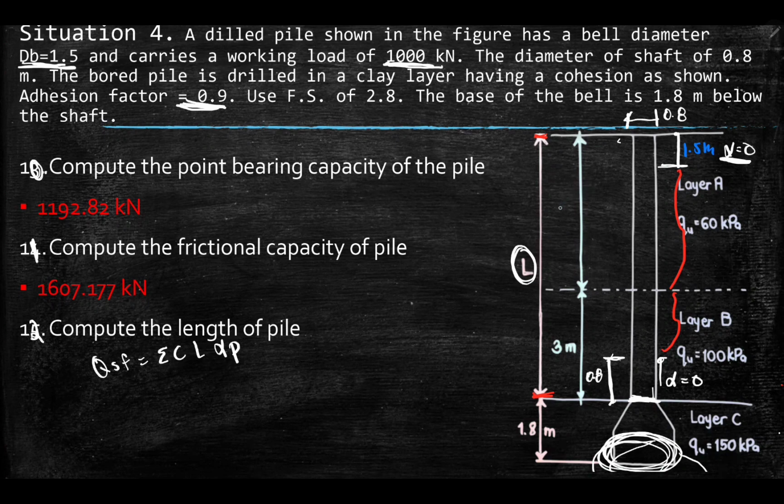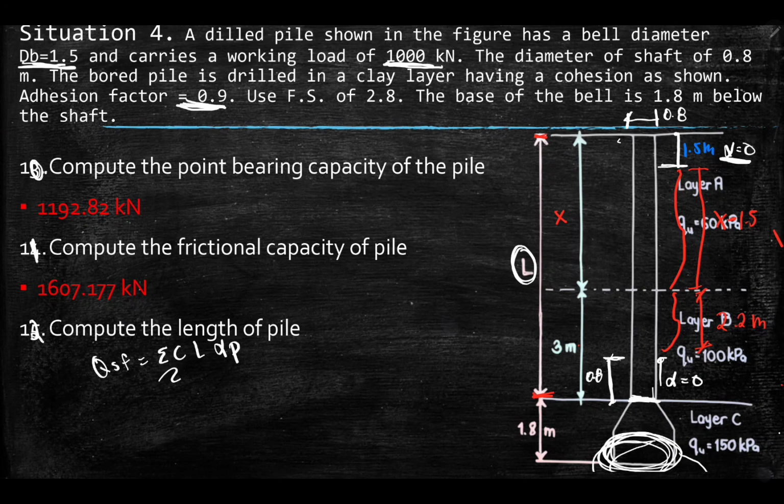So, I can name this as X. Okay? Therefore, itong length na to is X minus 1.5. Tama? X minus 1.5. So, sa length naman na to, sa layer B, we have 3 minus 0.8 which is 2.2 meters. Okay? Kompleto na.